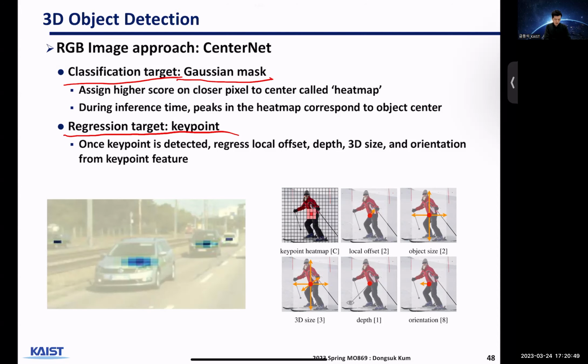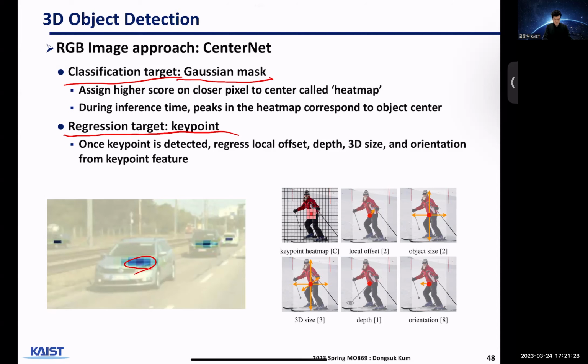So the idea is that we introduce this heat map using a Gaussian mask so that the network can learn where the center is. The GT provides the center point, and we apply this Gaussian mask, and it will provide a heat map, and then we can learn the position of the center point.